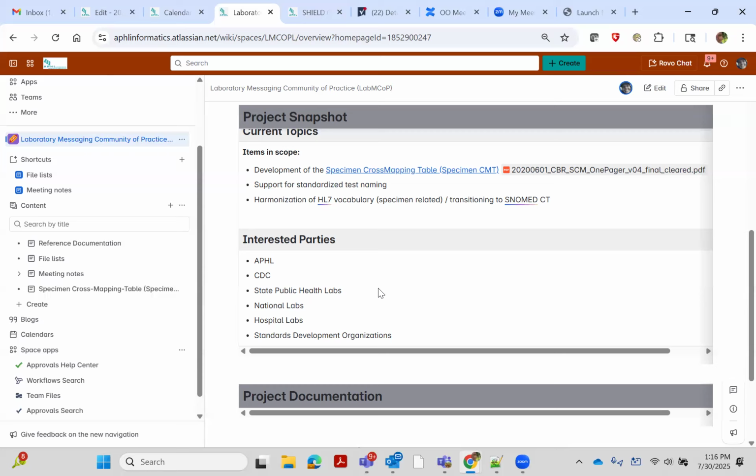We're trying to figure out how to publish it and make it accessible for everybody. As part of that process, we have also gotten it reviewed by different professional societies like CAP, the College of American Pathologists, for the anatomic pathology terms, and ASM for the micro terms.